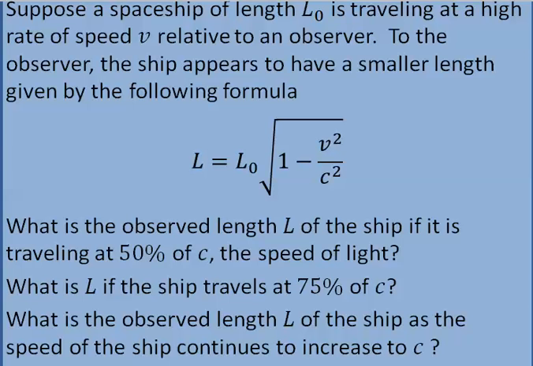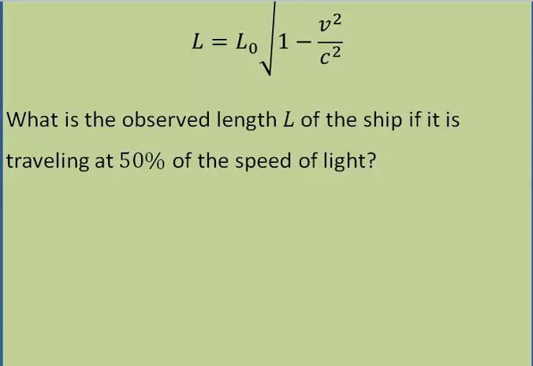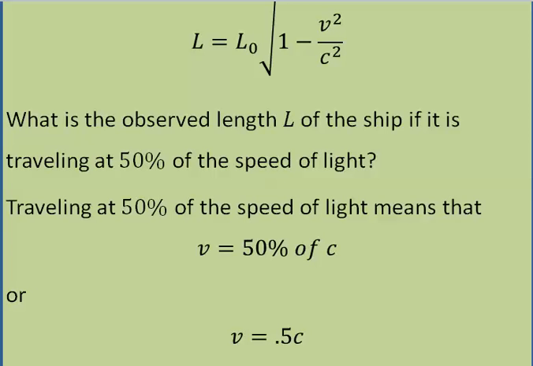All right, let's go back to the first question. What is the observed length L of the ship if it is traveling at 50% of the speed of light? Well, traveling at 50% of the speed of light means that v is 50% of c, or v equals 0.5 times c.